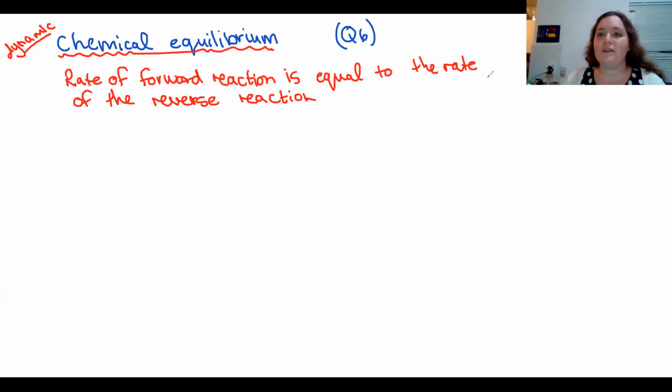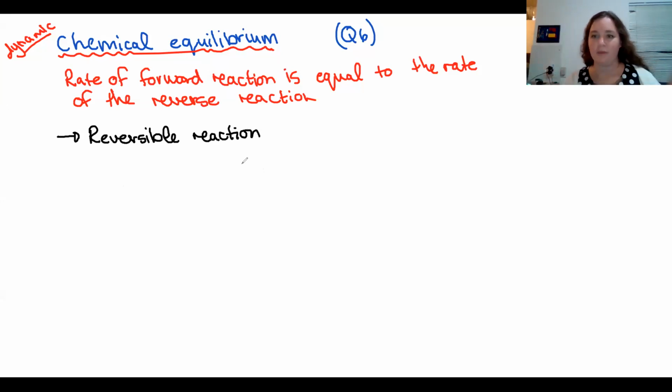Now, in order for us to ever be able to establish a chemical equilibrium, we need two things to be present. First of all, we need a reversible reaction. If the reaction itself is not reversible, you can't have the products turning back into starting materials. So examples of irreversible reactions, if I boil an egg, I cannot unboil that egg.